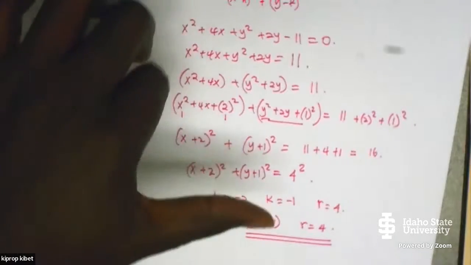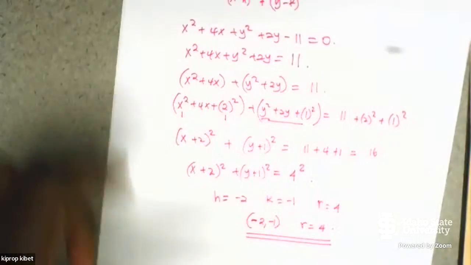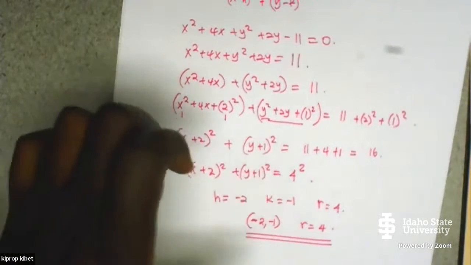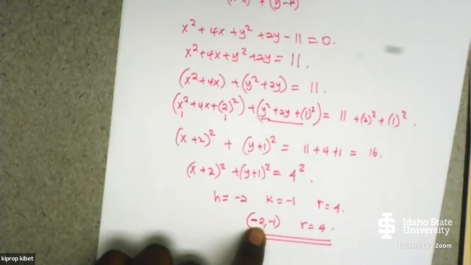Now, if you're given this and told to graph it, it is easy to graph. You already have the center, which is (-2, -1).